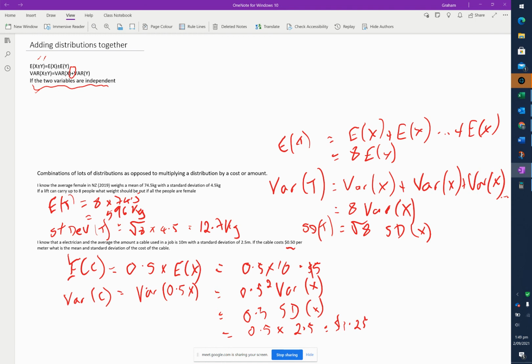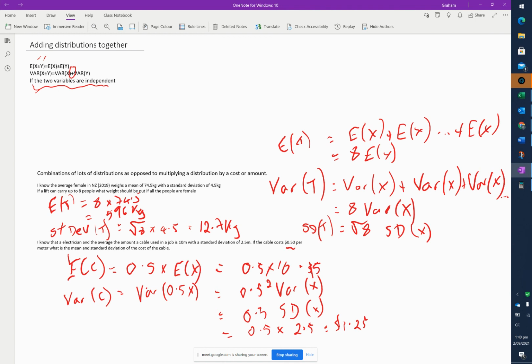That's quite a crucial one, because it wouldn't surprise me if they came up with the idea that a traveller flying on a plane had a mean weight and a standard deviation weight, and their bag had a mean weight and a standard deviation weight, and how much did the total of a traveller and their bag weigh, and then if you've got an airplane of 25 people, how much did the whole people and the bags weigh?